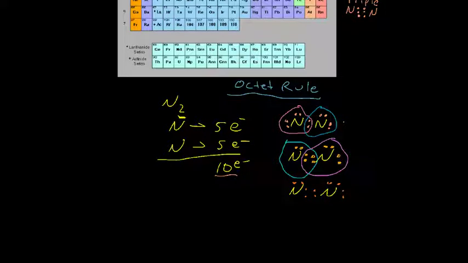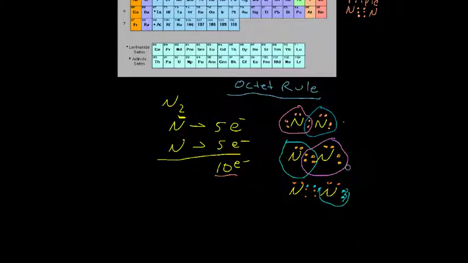Maybe I'll even overlap them in a different color so you can see that we're moving these to right here. Draw a little arrow right there. Those electrons are moving to right there.